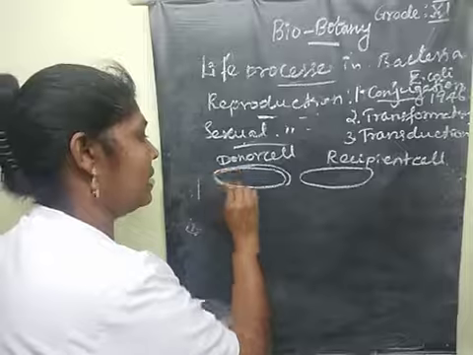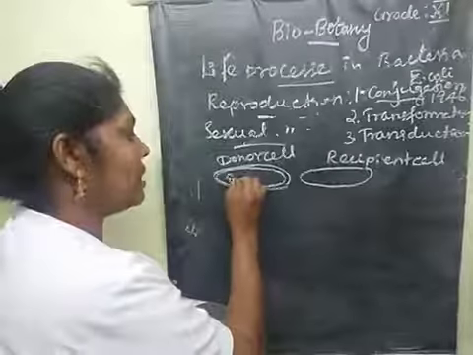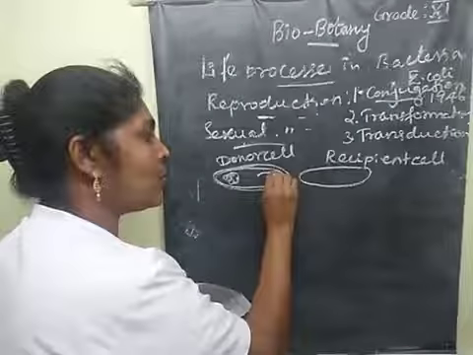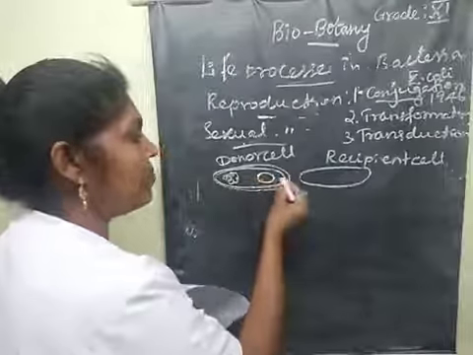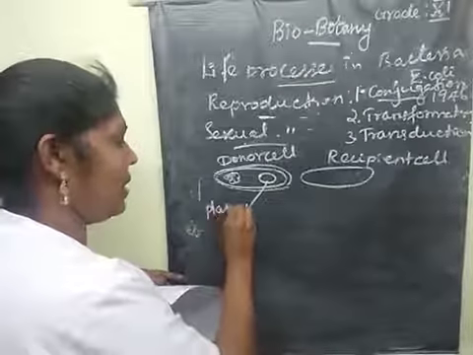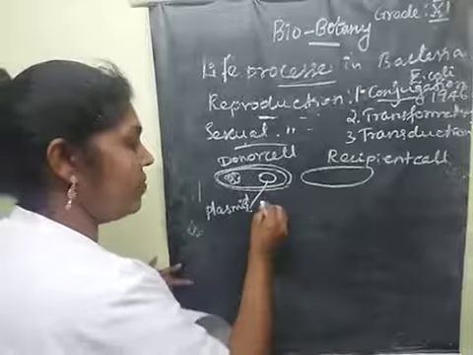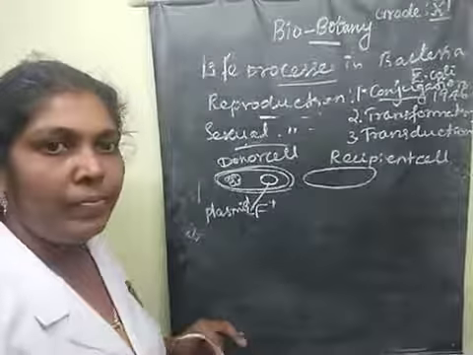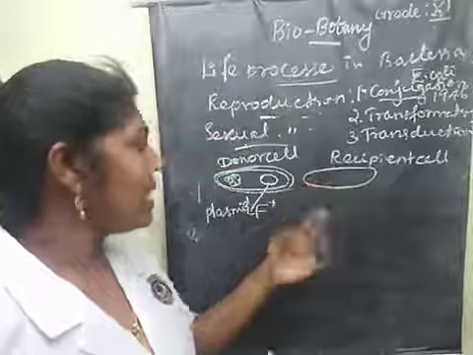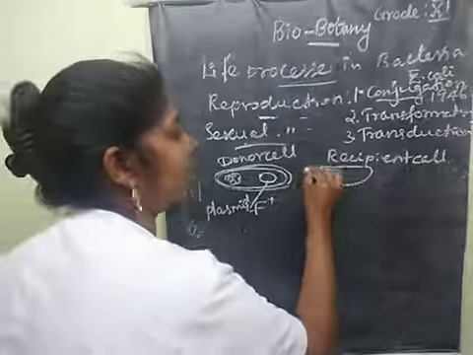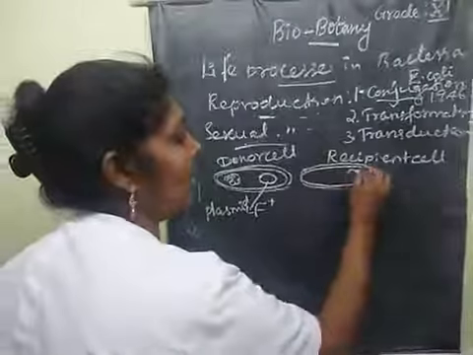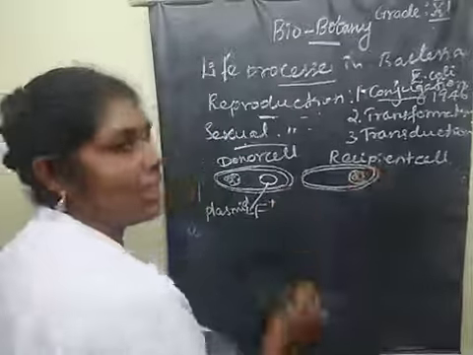Here it has a bacterial chromosome, and it also has the F plus factor, which is a plasmid. This other bacterial cell has only a bacterial chromosome but does not have the plasmid.